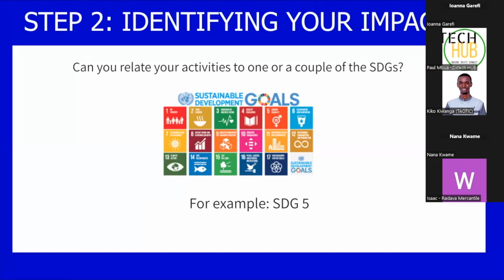And usually in the impact realm, you can connect your activities to one of those 17 goals. So for example, if you work on gender equality, it's SDG number 5. And if you Google SDG number 5, you will see that under that there are different missions that you can relate to. One of them is actually to contribute to gender equality in the innovation space. So that's the environment, the big impact that you want to contribute to.